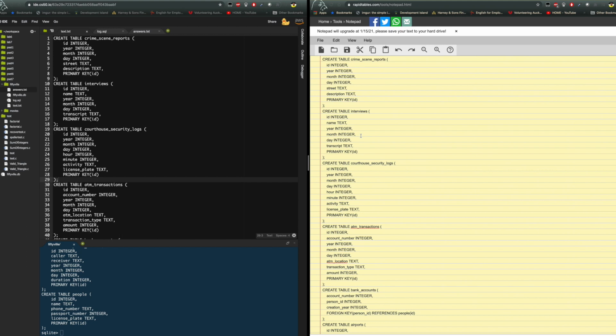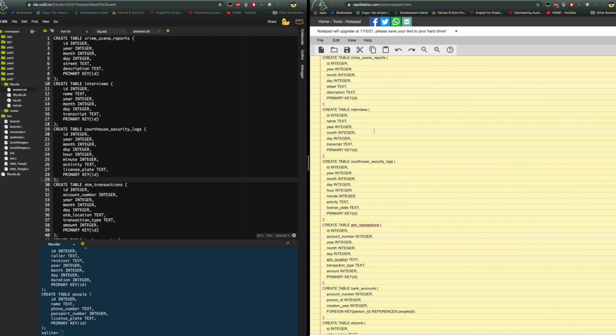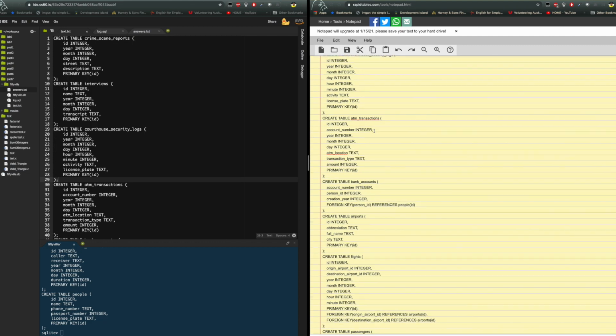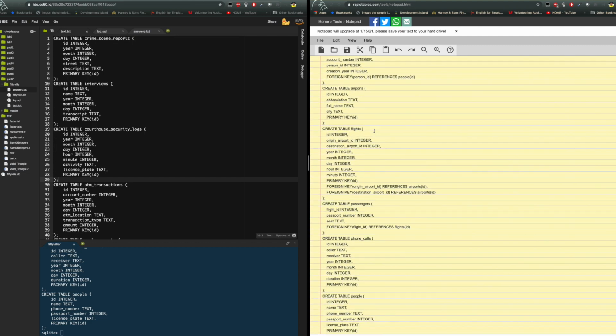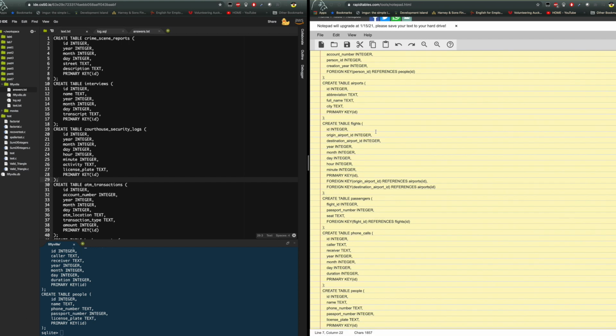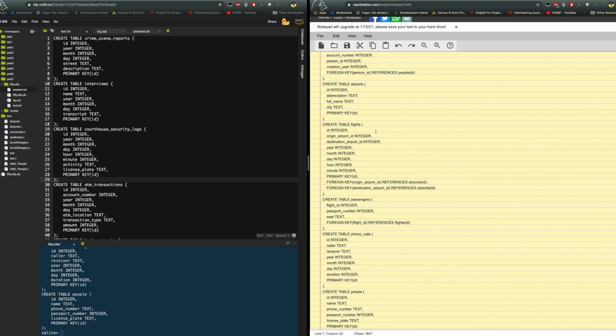Most of them are primary key IDs, and I think only 2 or 3 tables have relations to each other. So what exactly? I think it's something related to airports. I drew a picture for myself.